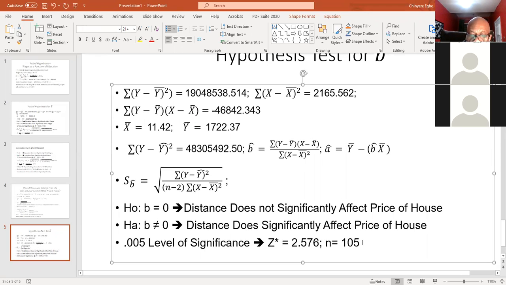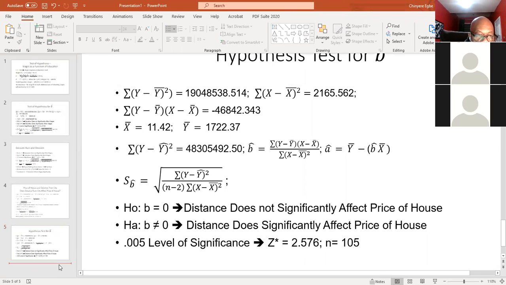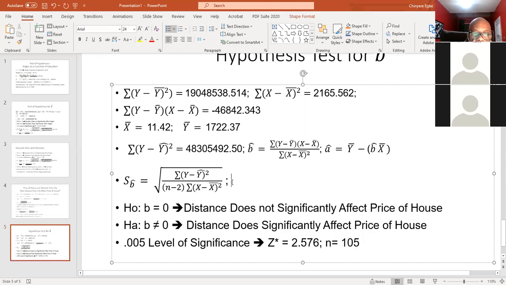So we're going to do the calculation of the hypothesis test process. This is our null hypothesis, and we're going to now calculate Z. Okay, so we'll calculate Z, very simple.